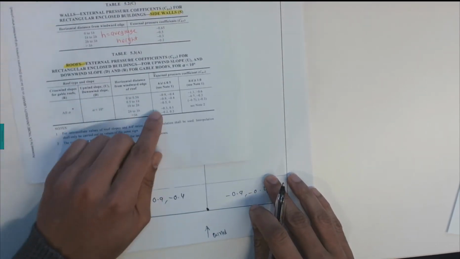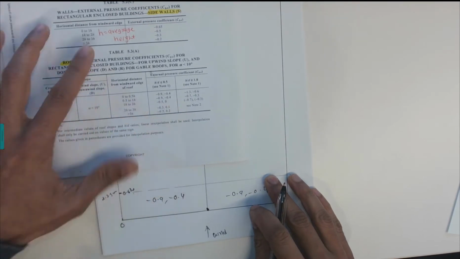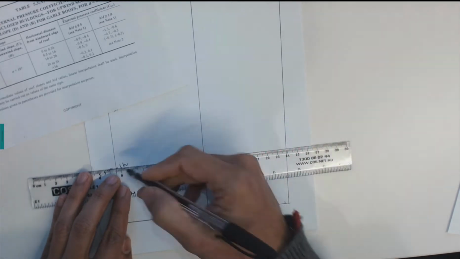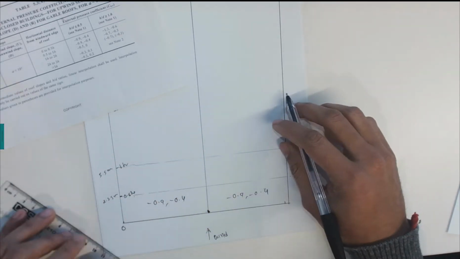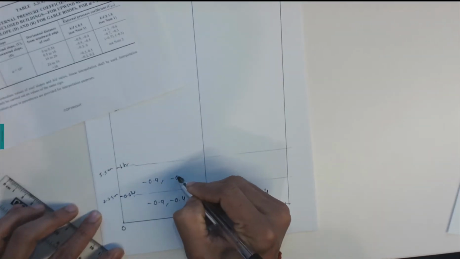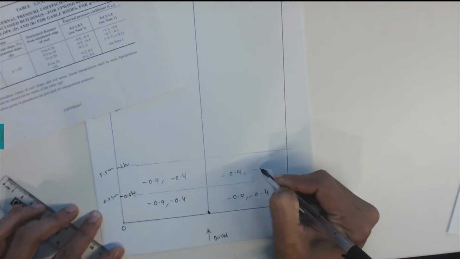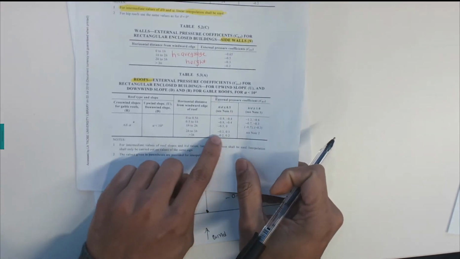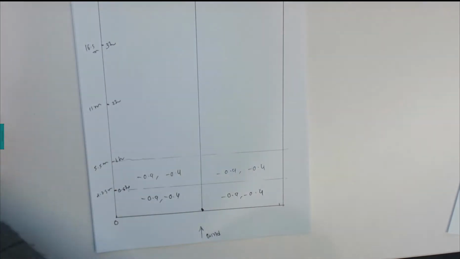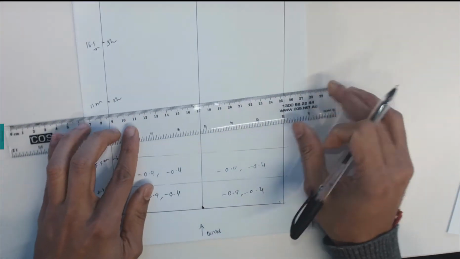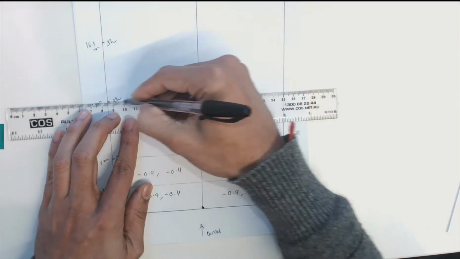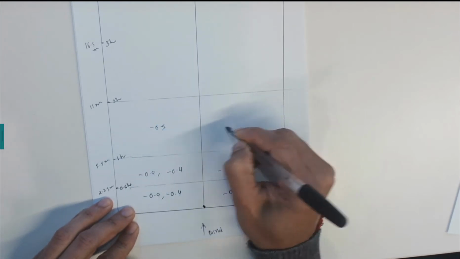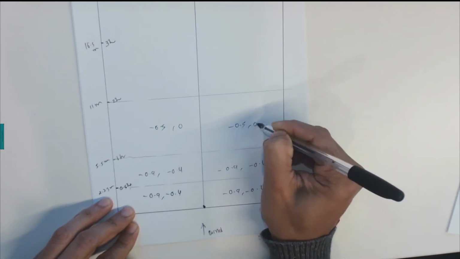Then we have minus 0.9, minus 0.4 for the next region, so that is here. Next region, minus 0.9, minus 0.4, so that is the value for the roof. And for the next one, 1 H to 2 H, we have minus 0.5 and 0.